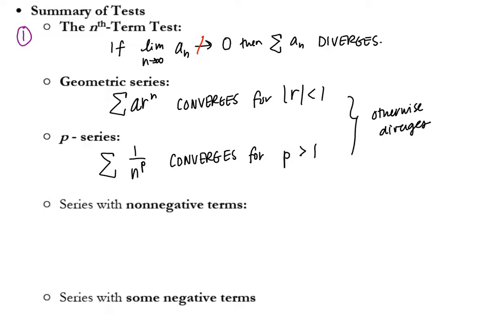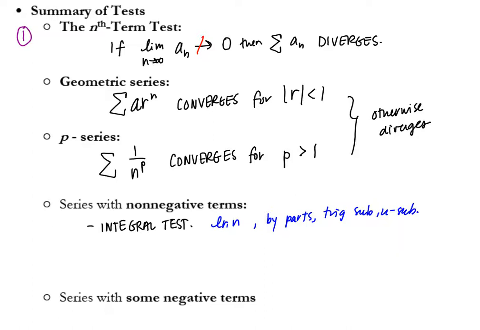So if we have series with non-negative terms, that means they're already positive, then we could try the integral test. Those are things that look like you might want to integrate them. Usually things with natural logs and their derivatives, the natural log of n, or maybe anything that looks like it might need integration by parts, or a trig sub, or u-sub, of course.